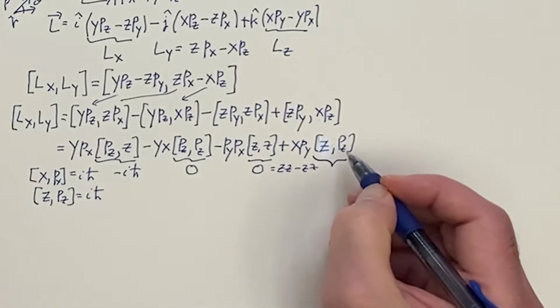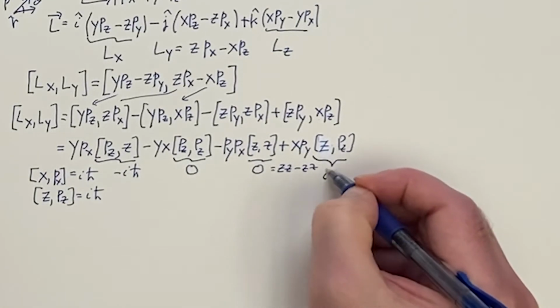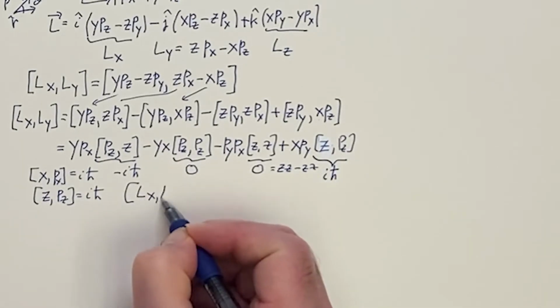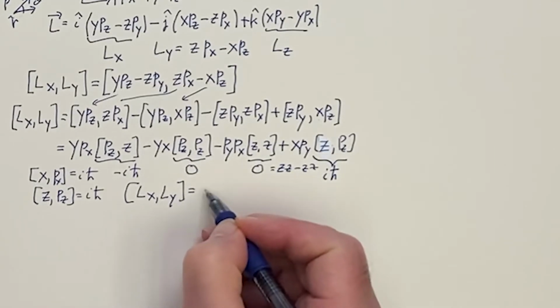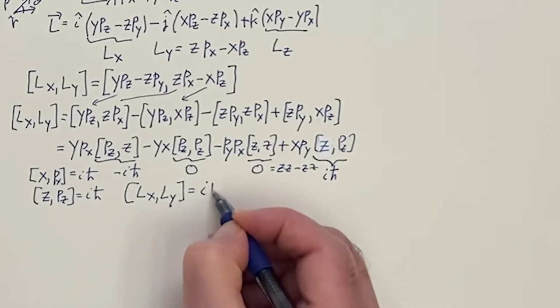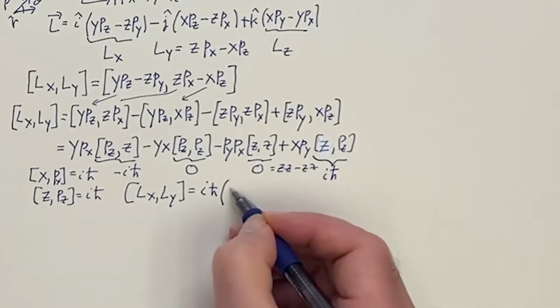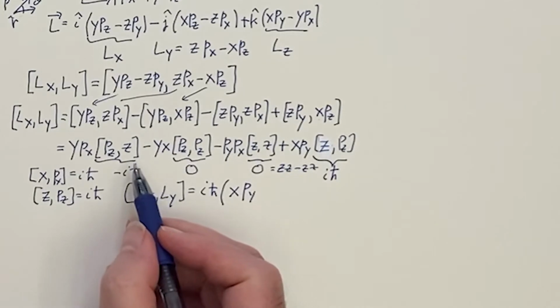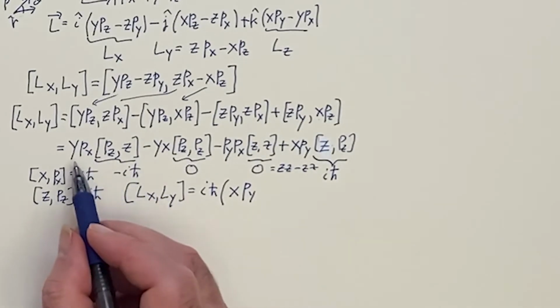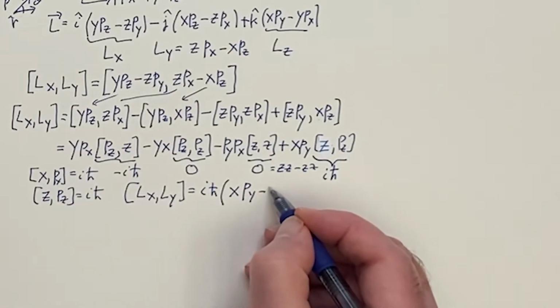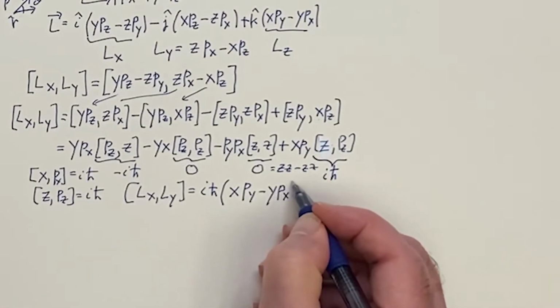So this one here is i h bar. So that means the Lx and the Ly, like this, will be here. You can factor out the i h bar. Then what do we have? We have the x with the py, and then the other one over here, we have a minus sign, and then we have the y with the px.